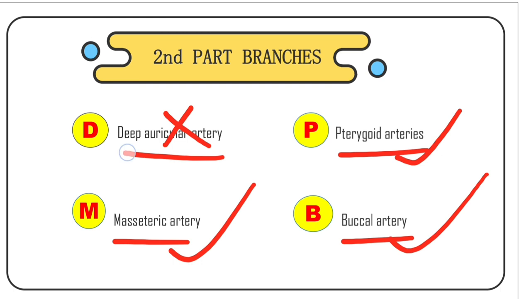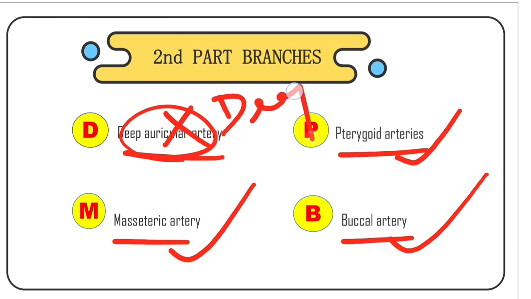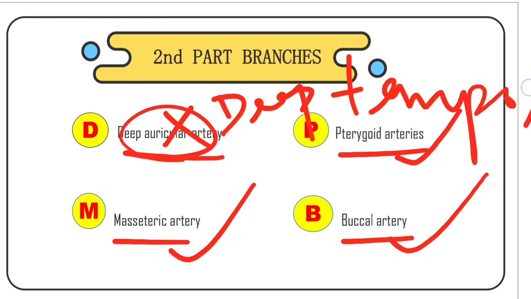The first branch in the second part of the maxillary artery is the deep temporal artery, and the others are the masseteric artery, pterygoid artery and buccal artery.